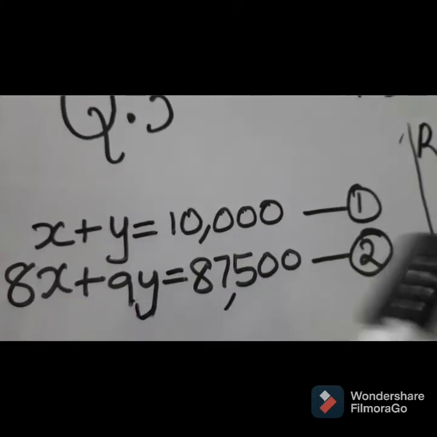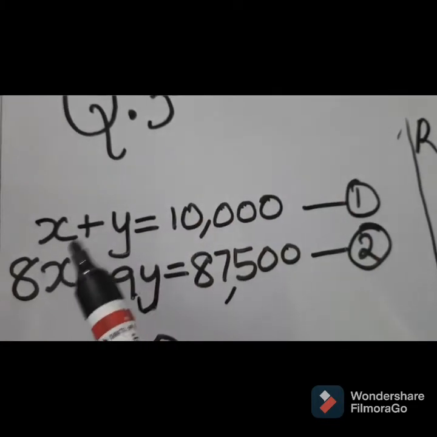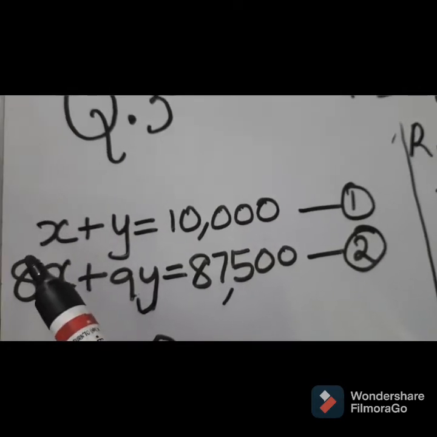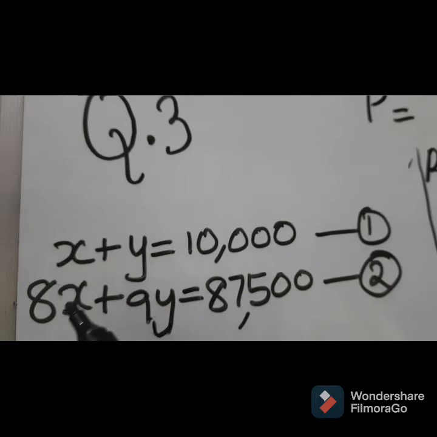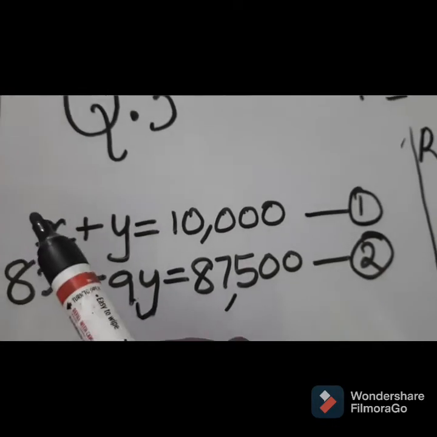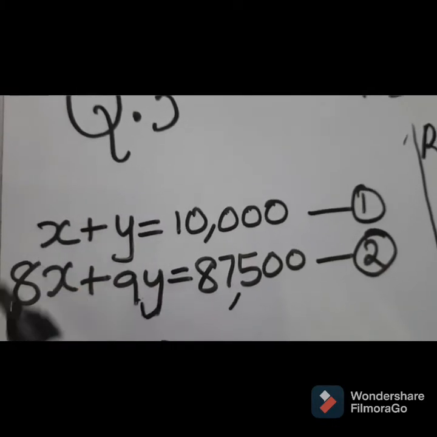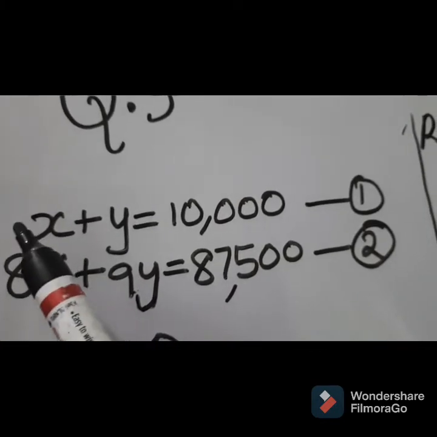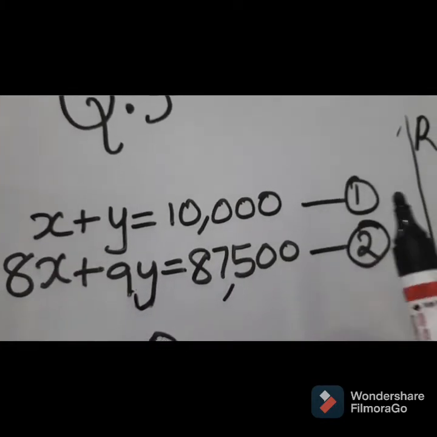How can we solve? We can make this X term same. Likewise we can solve this. That means if it is 8, we can subtract, that will cancel. For that we multiply 8 with all these terms.